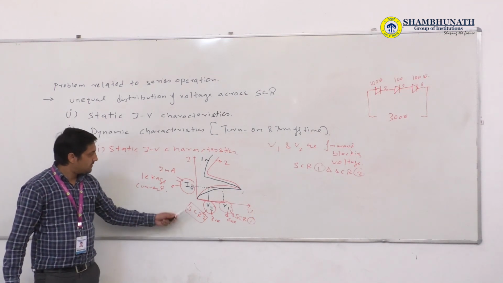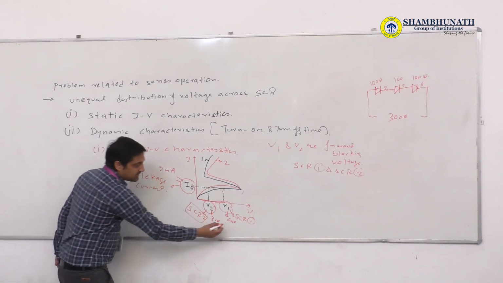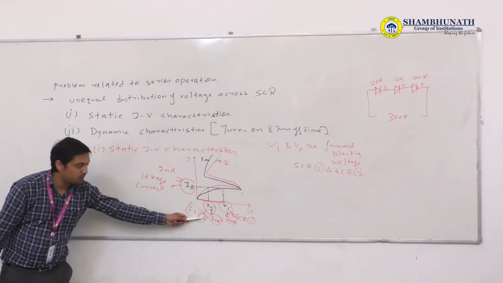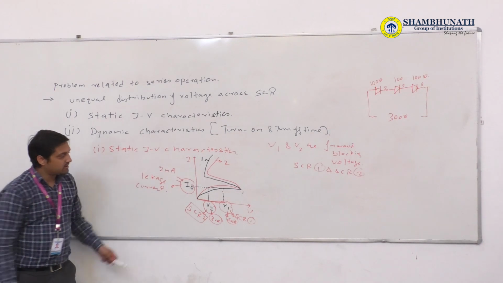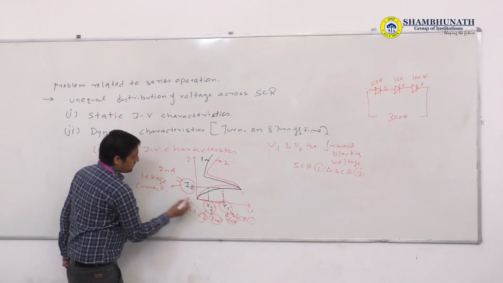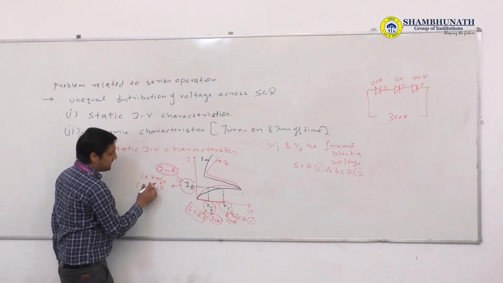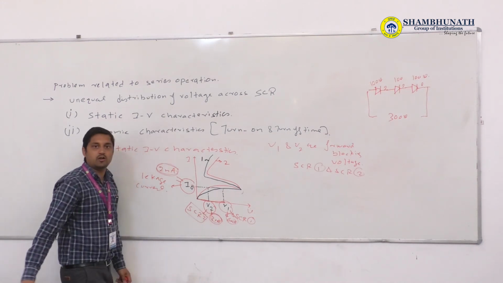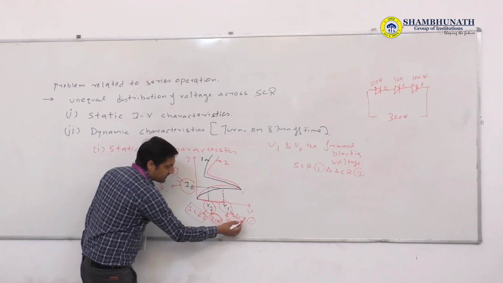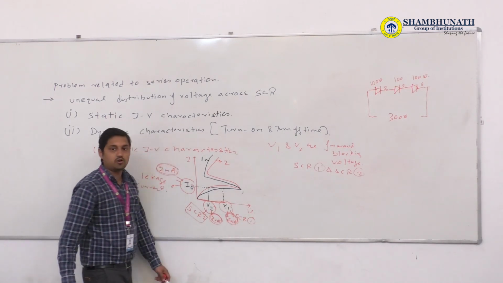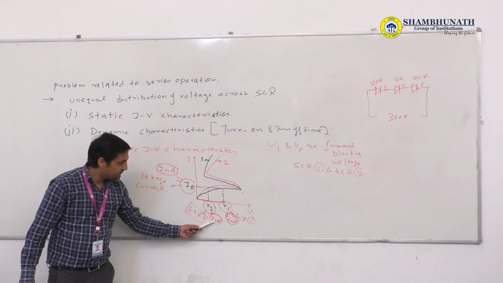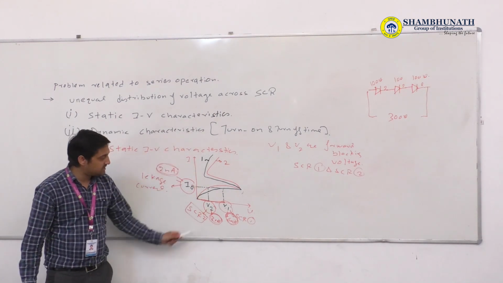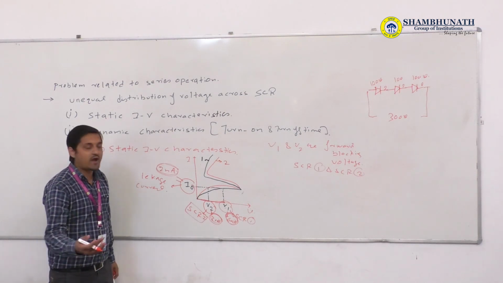Why did this happen? Because there is an unequal distribution of voltage across the SCRs, which is shown here. For the same value of leakage current, SCR2 suffers 30 volt while SCR1 suffers 60 volt, which shows the unequal distribution of voltage across the SCRs. Why did this occur?